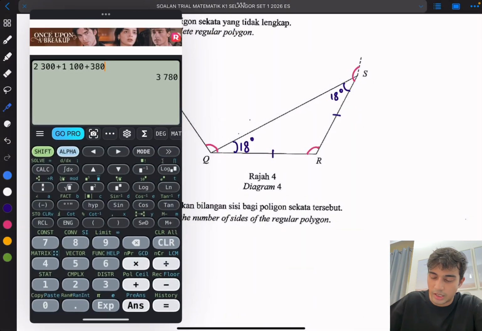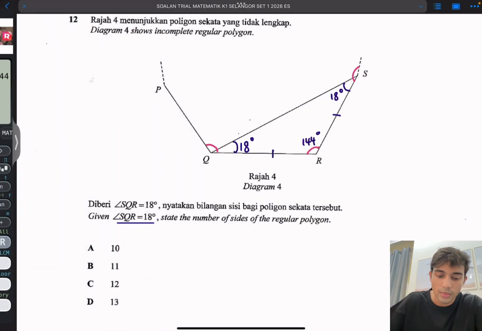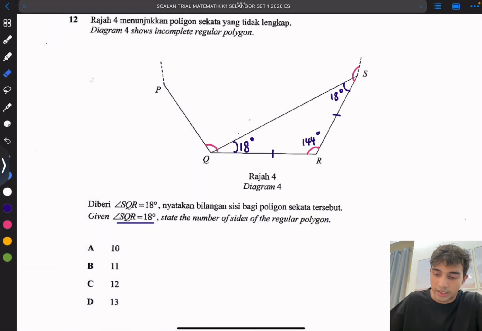In a triangle, the total angle is 180. So this plus this plus this is 180. So if you want to find this, we can do 180 minus 18 minus 18, which is 144. So the interior angle is 144. So the 18 is no longer needed. We know our interior angles are all 144.